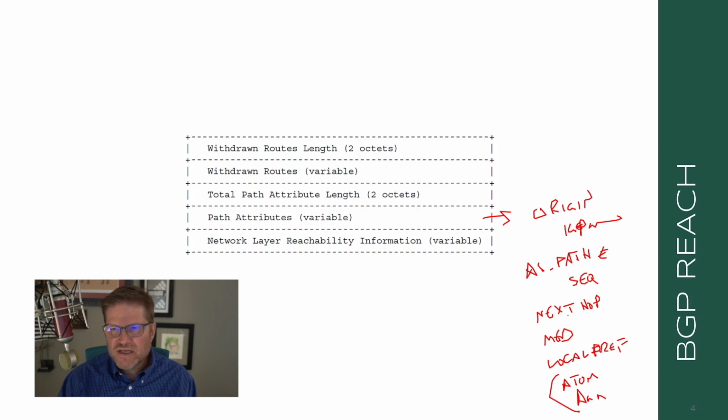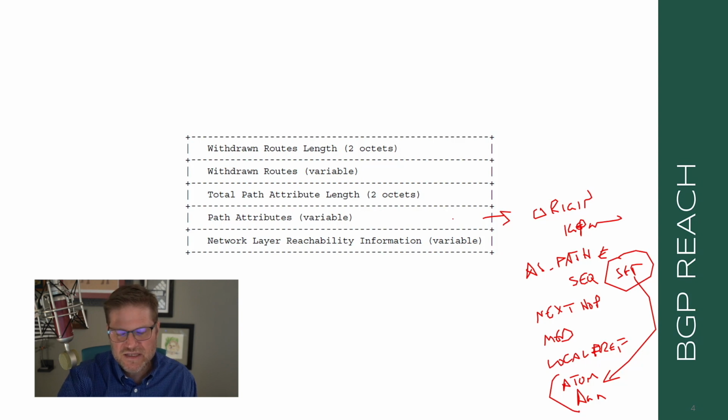Now, these two, again, are part of the set rather than sequence. So if the AS path is a set rather than a sequence, you would normally expect to have an atomic aggregate and an aggregator. Again, aggregation in BGP using this system of atomic aggregates and aggregator along with an AS set rather than a sequential AS path has been pretty much deprecated.